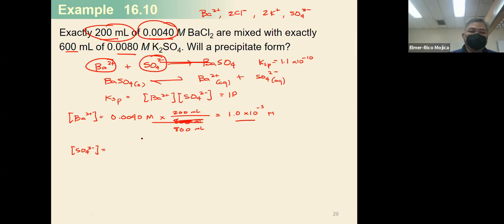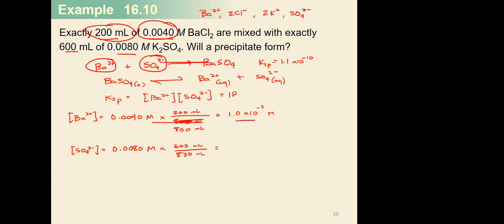For the sulfate ion, on the other hand, you have initially 0.080. And then you have 600 of that divided by 800. You cancel out only the ml. So that would be 6.0 times 10 to the negative 3.